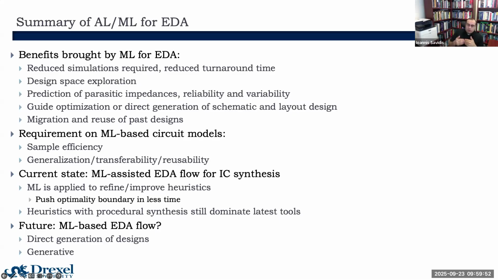All the primary EDA companies are pursuing this. They're not going to get rid of their heuristics anytime soon, but they're looking at ways to enhance the traditional heuristics they've developed over the decades with machine learning techniques. And it could also just be for providing some kind of suggestions for the design that you're looking at.